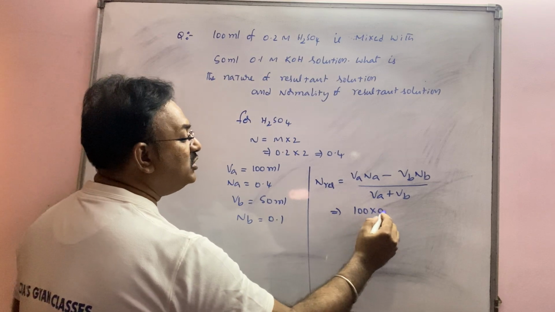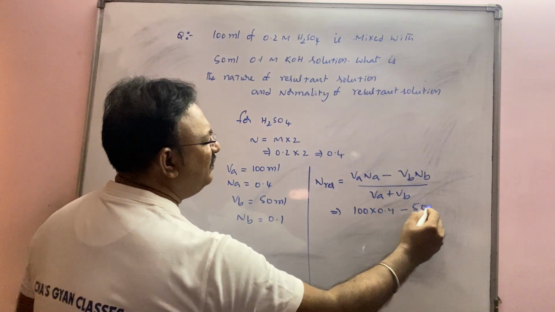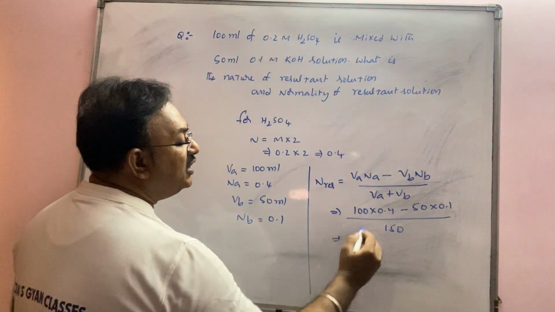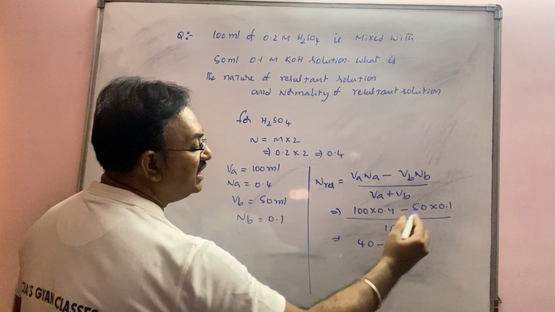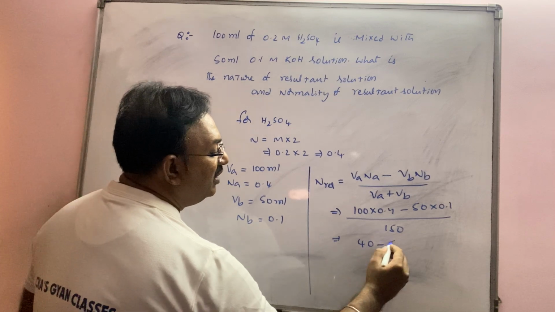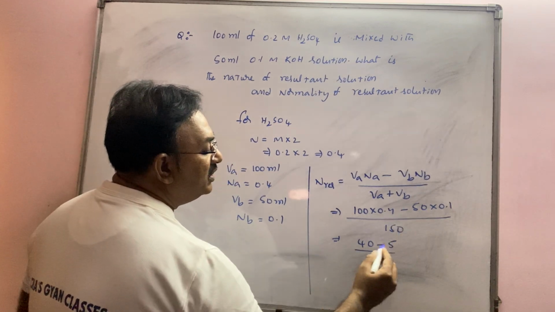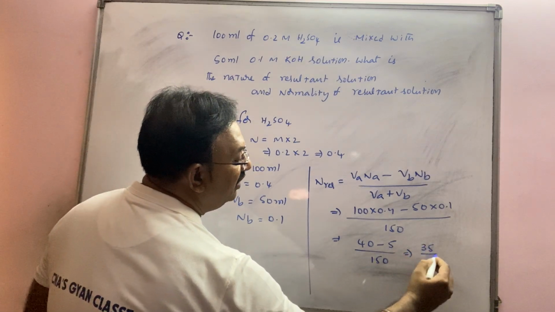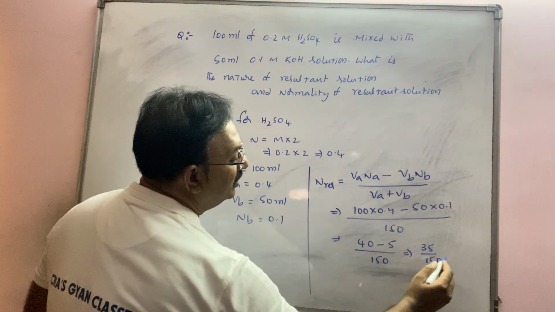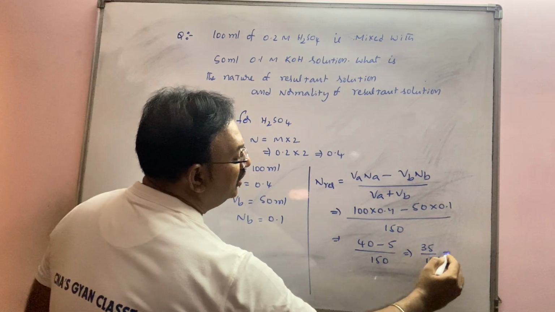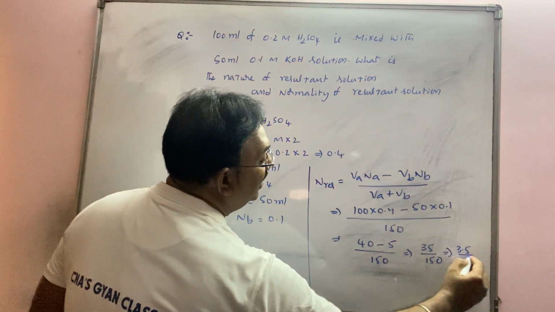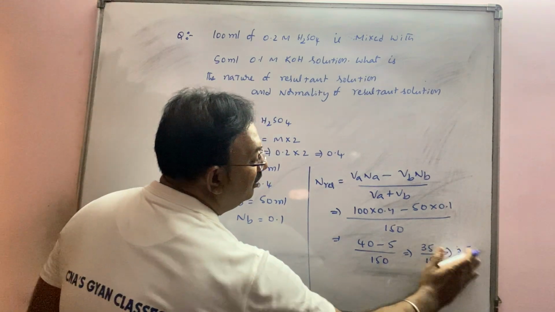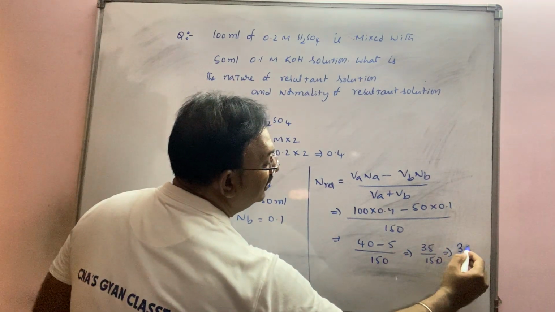So 100 into 0.4, 40, minus 5, 35 by 150. So 35 by 150, right? You can write it as 3.5 by 15, 3.5 divided by 15.